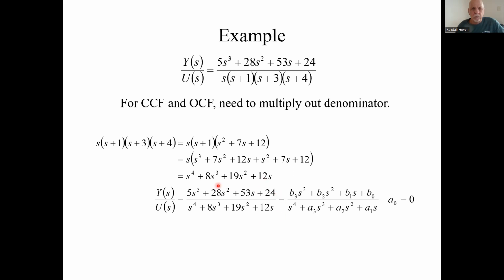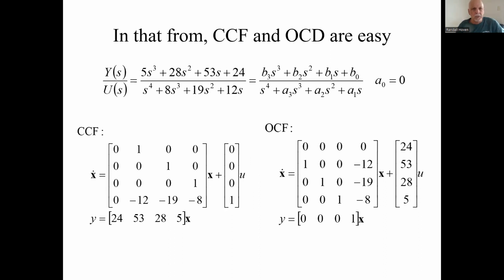Once we have it in that format, we can match what these B's and A's are, and then go back to our formula sheet and see what the canonical form is. B3 is 5. B2 is 28. There would be an A0 here, but it's 0 in this case because there's no constant. But anyway, go back to that formula sheet.